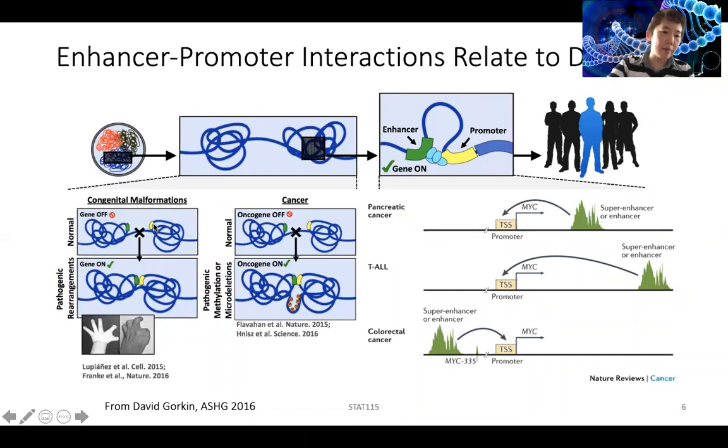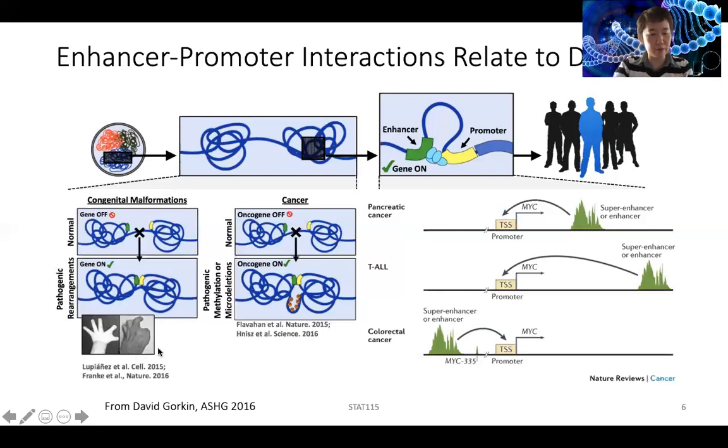If you can see the arrow on this left side, there could be an enhancer that's green and a promoter that's yellow. And in normal conditions, these two don't interact with each other. Therefore, this yellow gene is turned off. But in some mutations, for some reason, the enhancer is now looping to the promoter of the gene, and this gene becomes activated. And that could create important bad diseases.